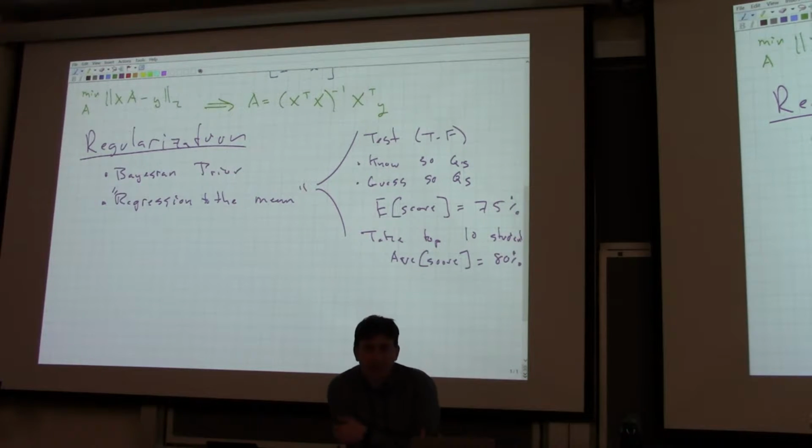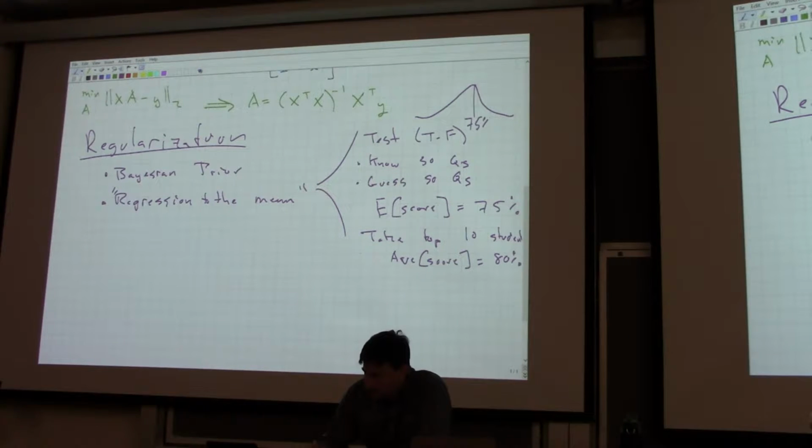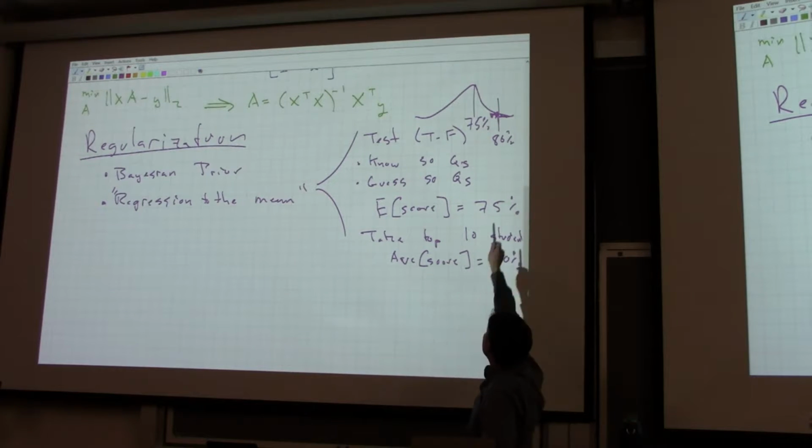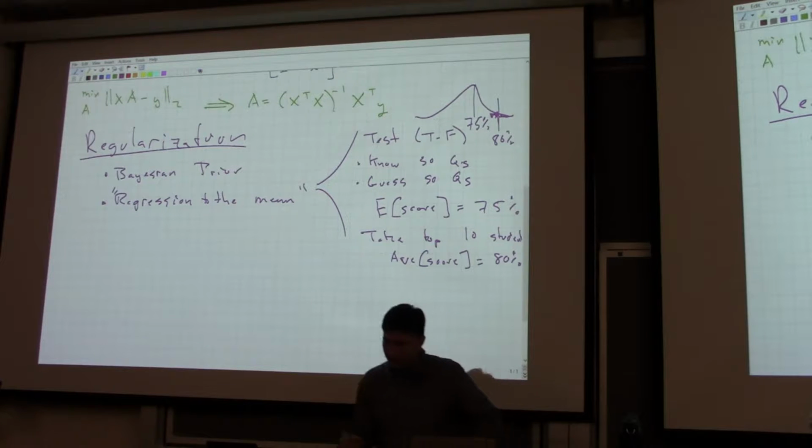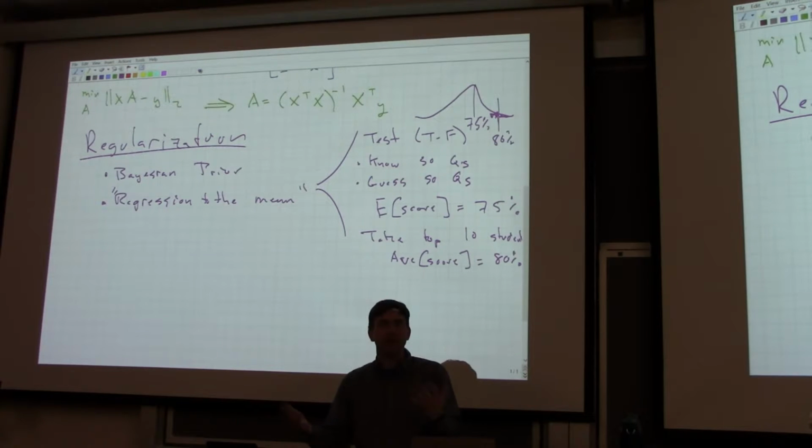So the top students did better, right? There was some distribution of students where the mean was 75%, and the average score of these top 10 students was 80. Now, let's say this first test was the midterm.